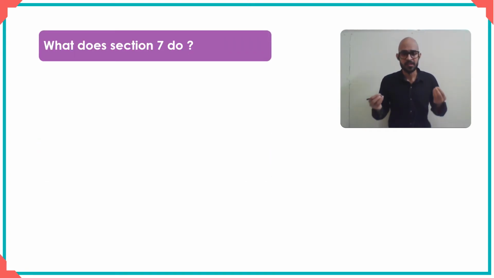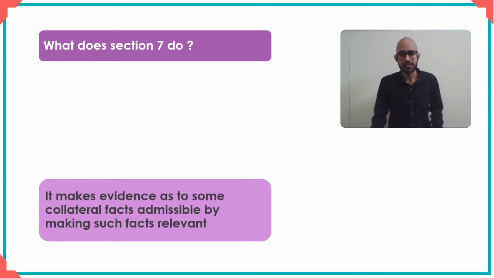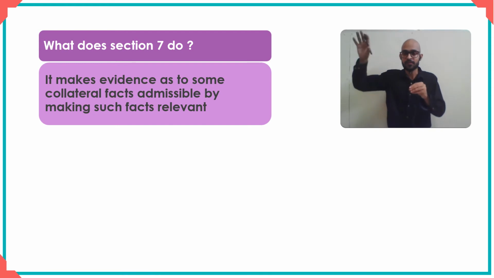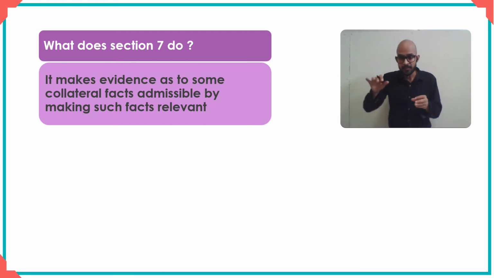If you're asked the basic question as to what section 7 does, well, it basically does what most other provisions in this chapter do. It makes the evidence about some collateral facts admissible by making those facts relevant. So there are some collateral facts, some outward branches. Those branches are made relevant and therefore evidence for them is made admissible by the operation of section 7.